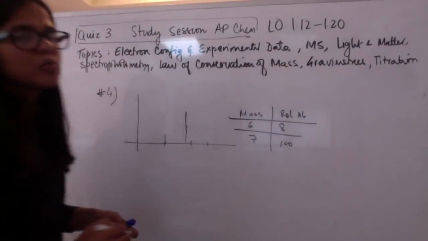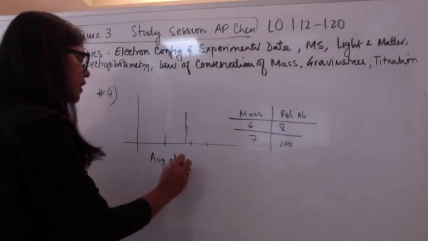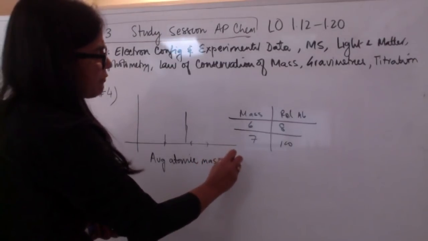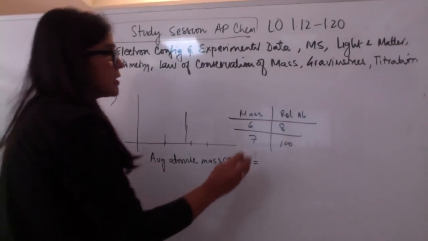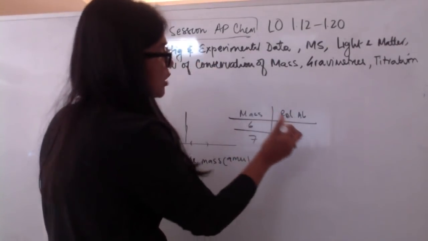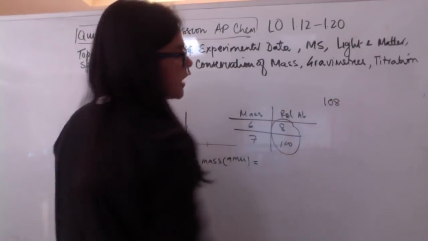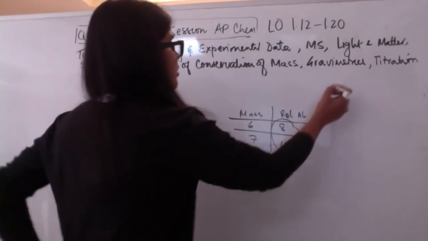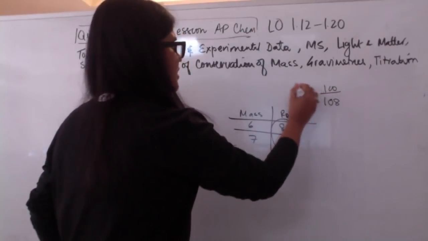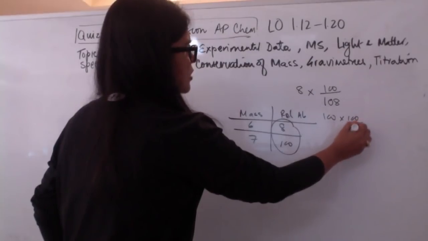To figure out the average atomic mass, because if we know the average atomic mass, we can look up the periodic table and find its identity. It is the mass of isotope 1 times its percent abundance. So here, if you add both of the relative abundances, it comes out to be 108. So you've got to use the ratio: 100 out of 108 times 8, and so on.